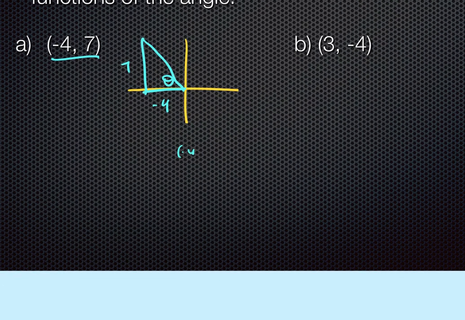Pythagorean theorem. -4 squared plus 7 squared equals c squared, or x squared, call it what you want, r squared. 16 plus 49 is 65. So c is, and again, normally it'd be plus and minus, but our radius is always positive, positive square root 65, which is 5 and 13. Does not reduce.